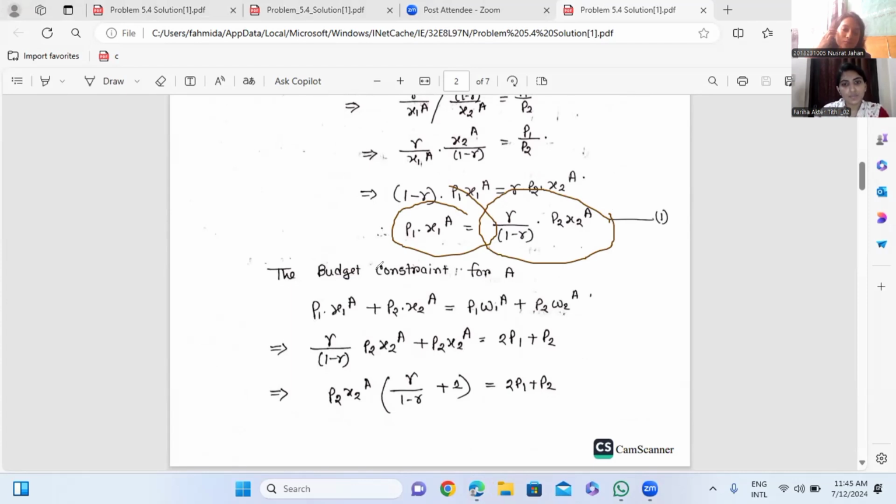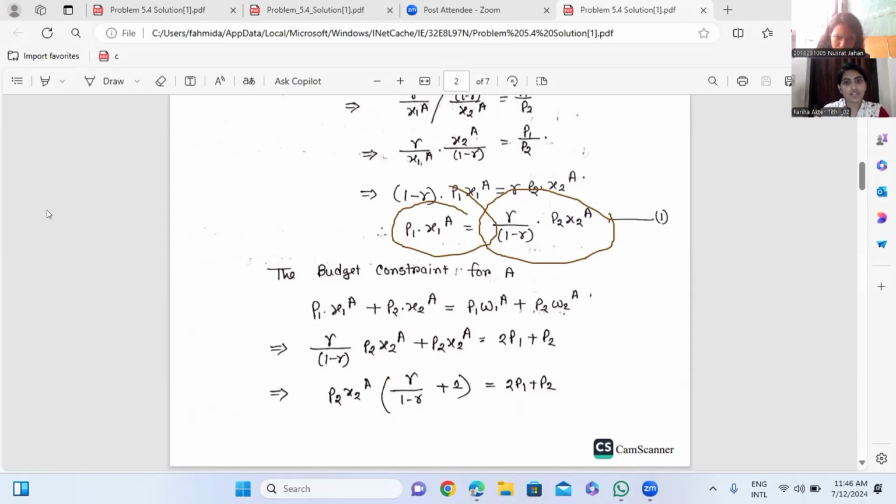So we can use this in deriving our budget constraint. This is our budget constraint where P1 x1A plus P2 x2A, which is our expenditure, is equal to our income, that is P1 W1A plus P2 W2A. So from this equation, we use this value in this one, P1 X1A, and we proceed.